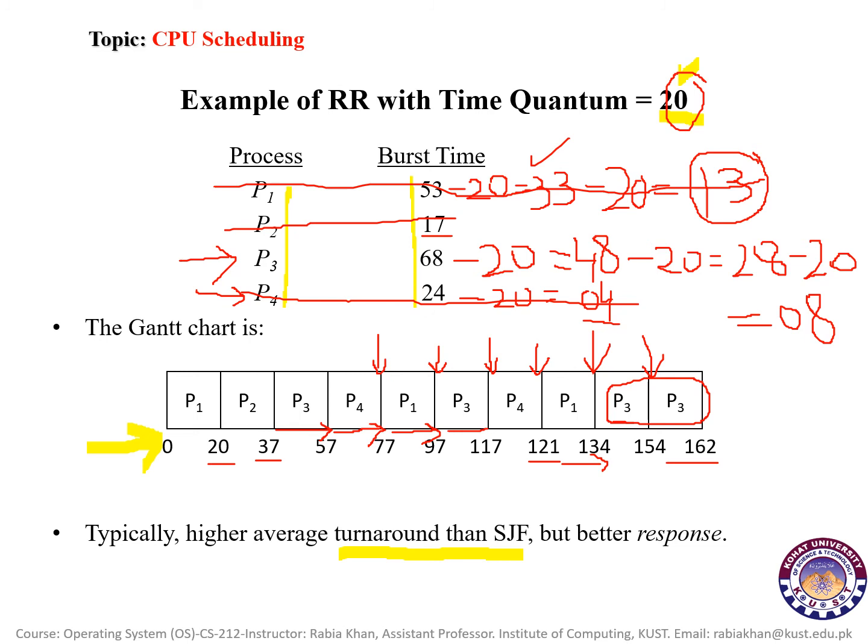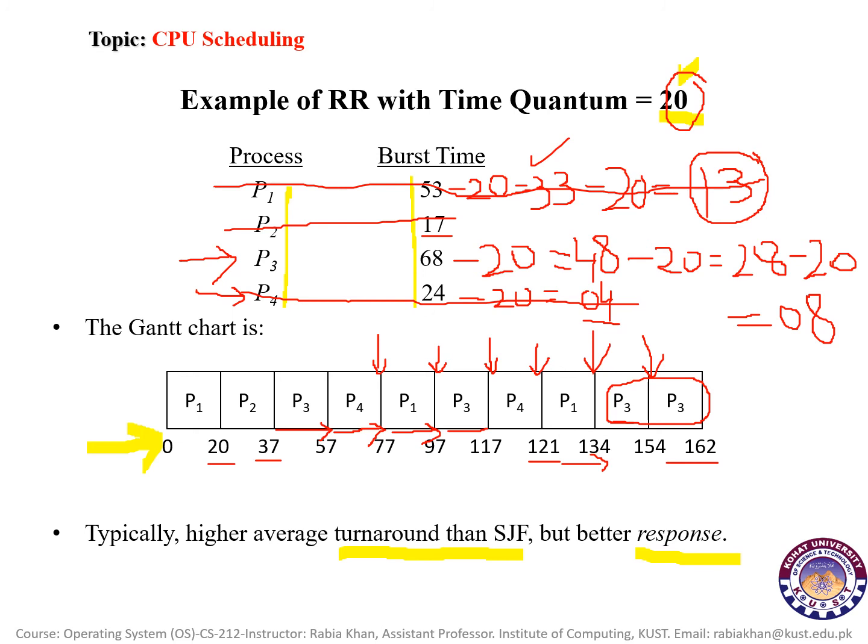Turnaround time was the time required for a single process to complete its execution. So as compared to shortest job first, round robin can bring delays in the completion of a single process, but the response time is far better. That means response time gets reduced in round robin.